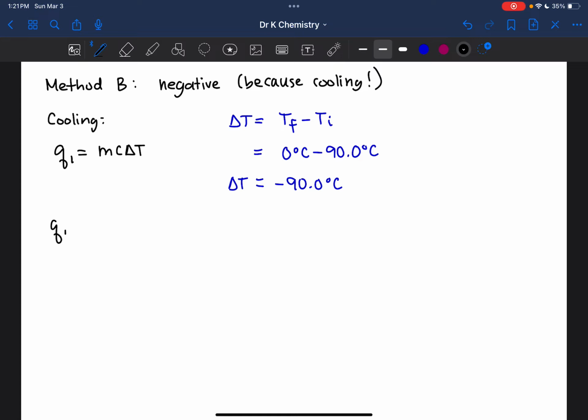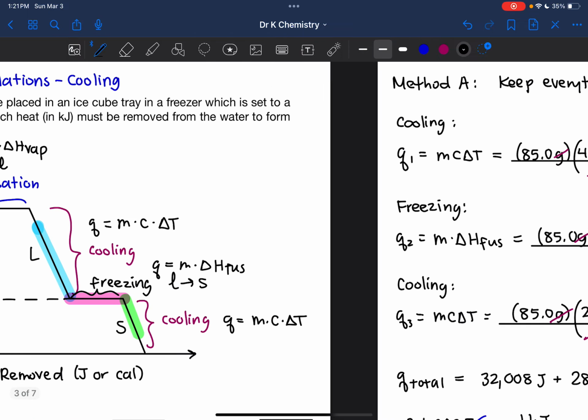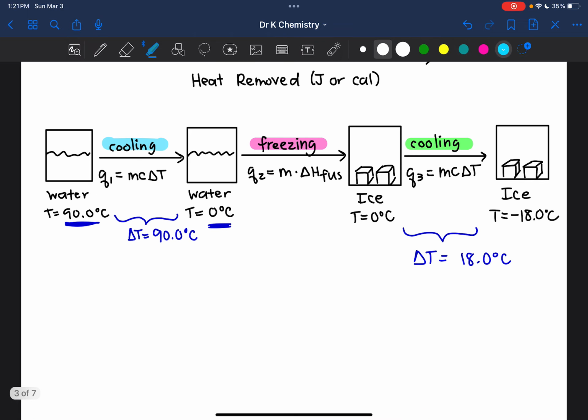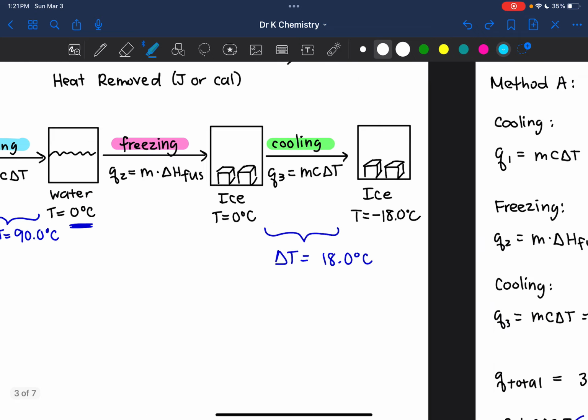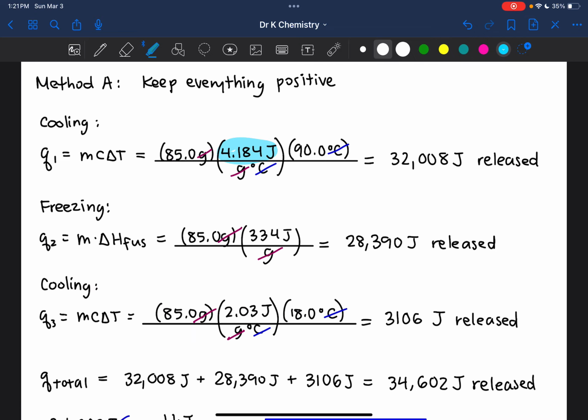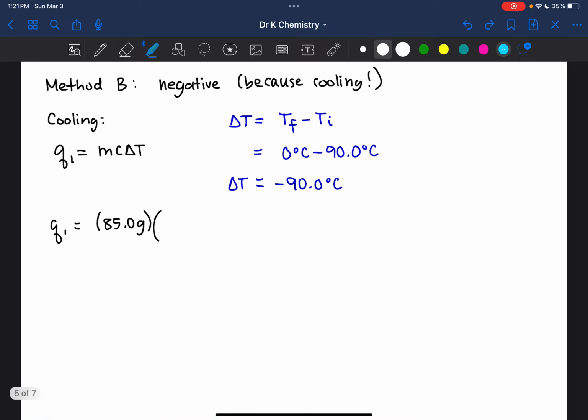So I'm going to plug that in. Everything else is the same. The grams were 85. The specific heat, here we were in the liquid state the whole time, so we used the specific heat of water, which was 4.184 joules. Everything else is the same.